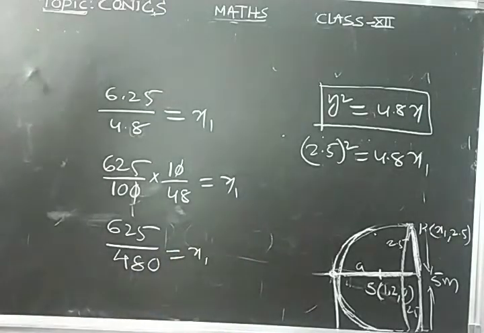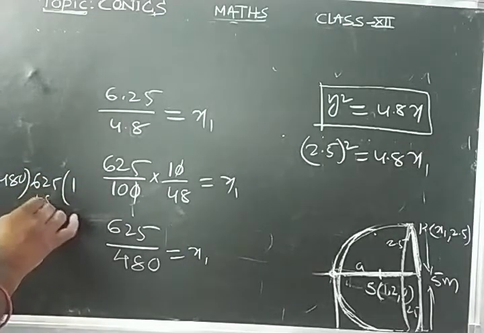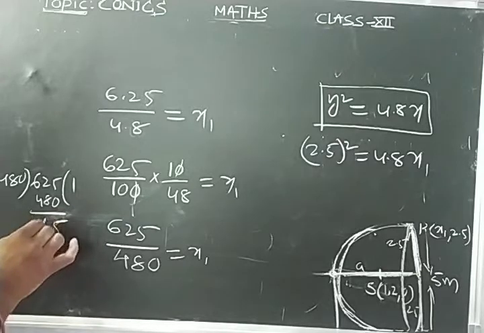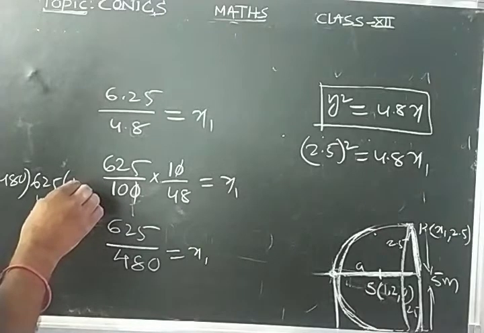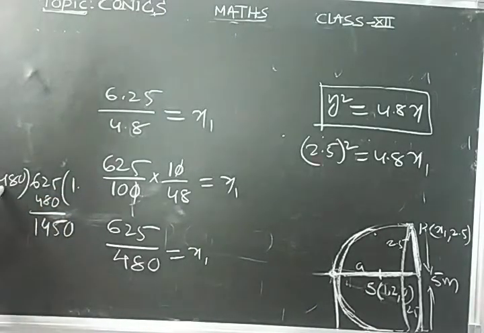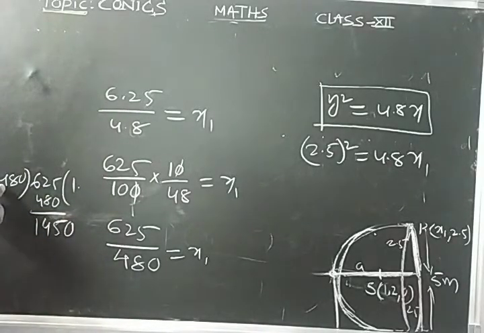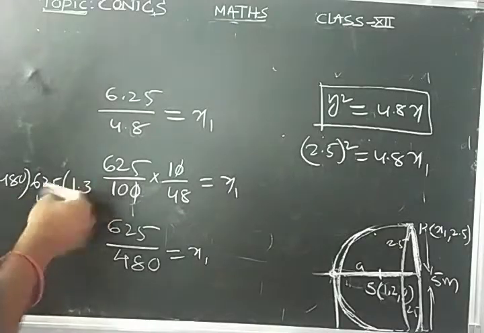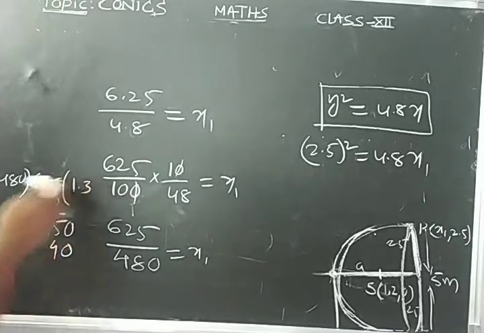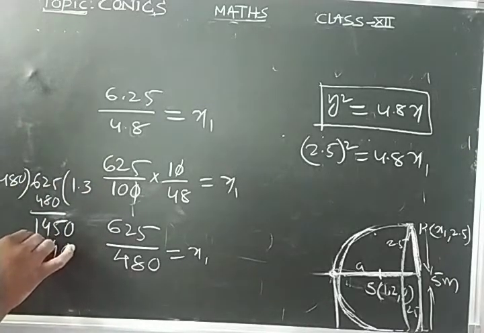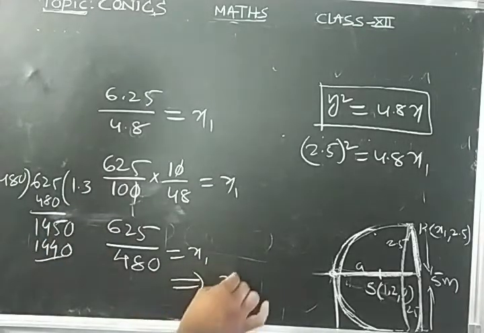Now dividing, 480 goes into 625 one time, with remainder 145. Keeping the decimal point, 1450 divided by 480 goes 3 times. So x1 equals 1.3 meters approximately.